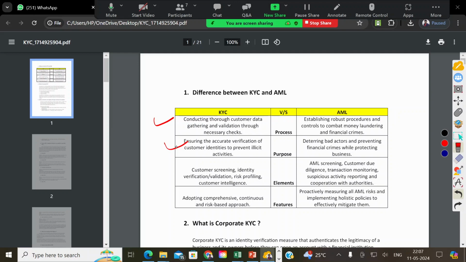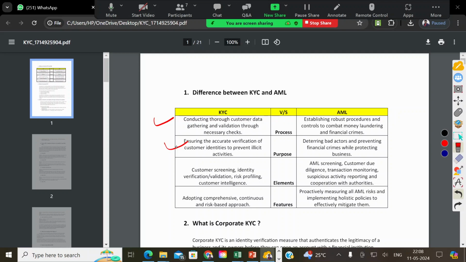Illicit means, I gave you two to three examples. One is that PNB scandal. Another one is these illegal activities and all. And any scandal, or any frauds and other activities, are carried out through this KYC process only.